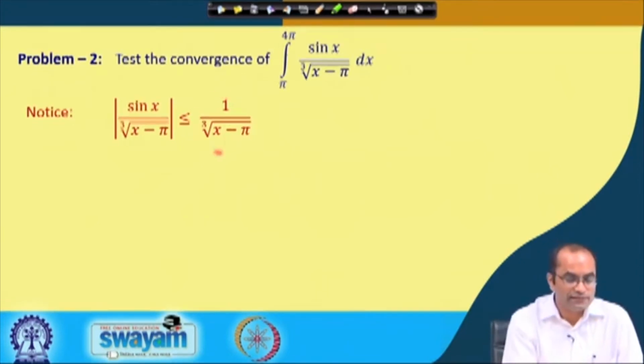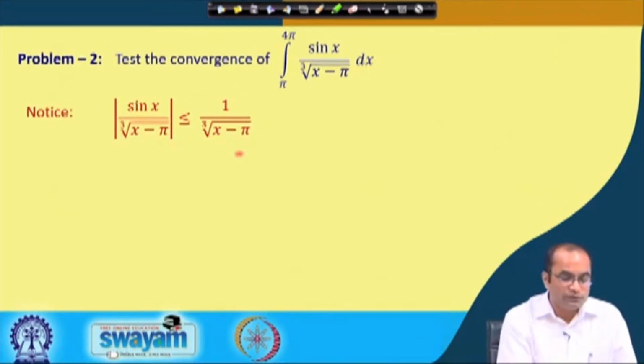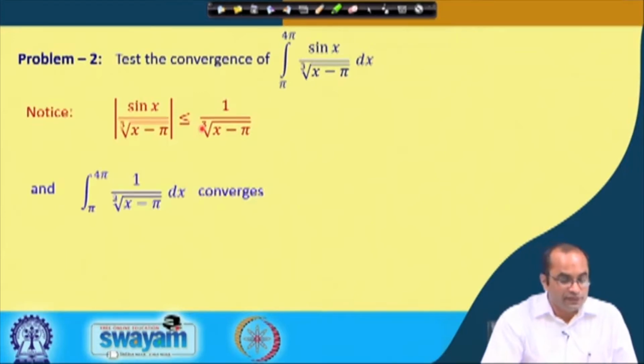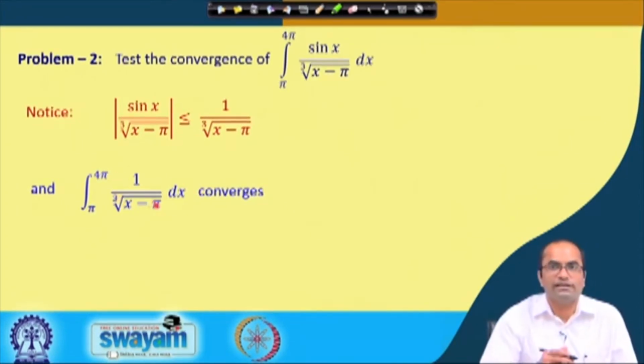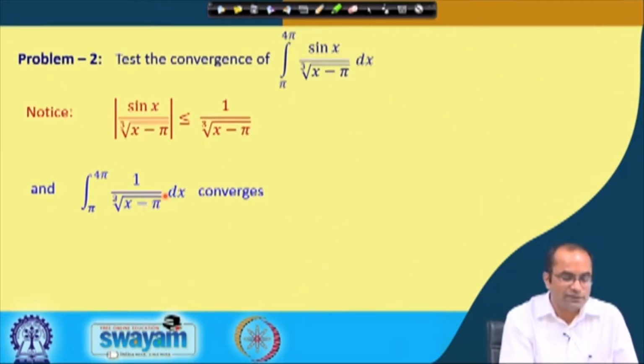We know from the test integral how this behaves. The integral from 0 to pi of 1 over the cube root of (x minus pi) dx converges because the power is 1 by 3, which is less than 1. The integral converges for any power of (x minus pi) less than 1, and here we have the power 1 by 3.